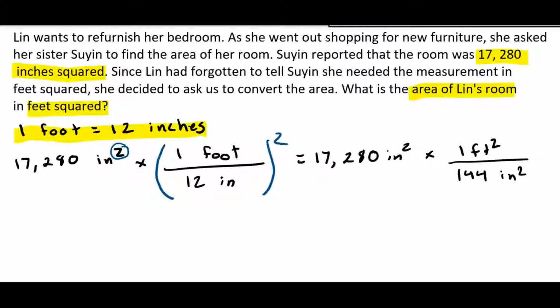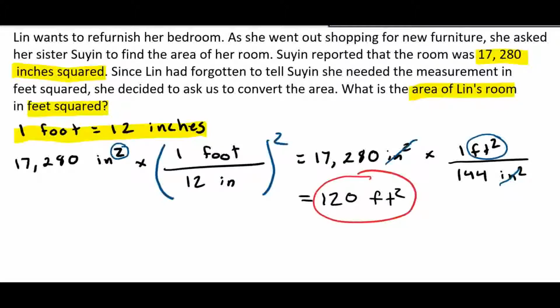And now we see that we are able to cancel out the inches squared, as well as have feet squared as our end goal. This would end up with us having 17,280 divided by 144, or 120 feet squared. And that is the area of Lynn's bedroom in feet squared.